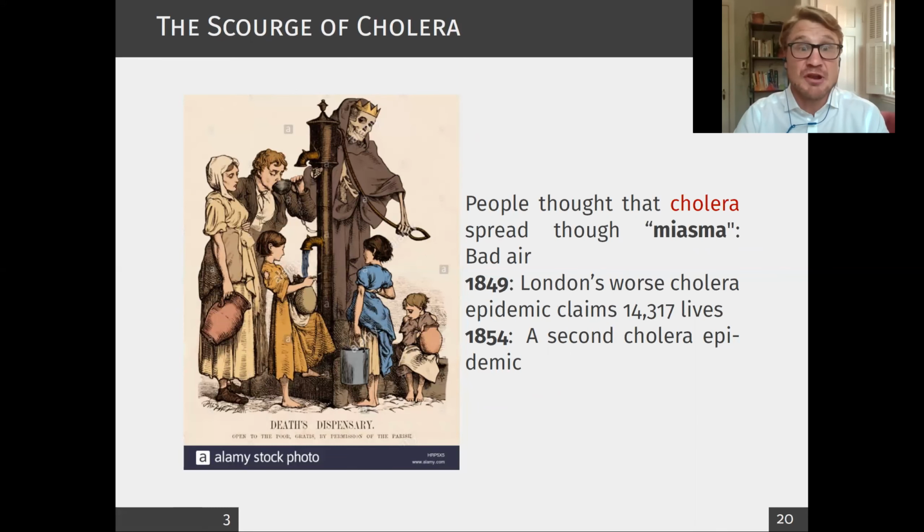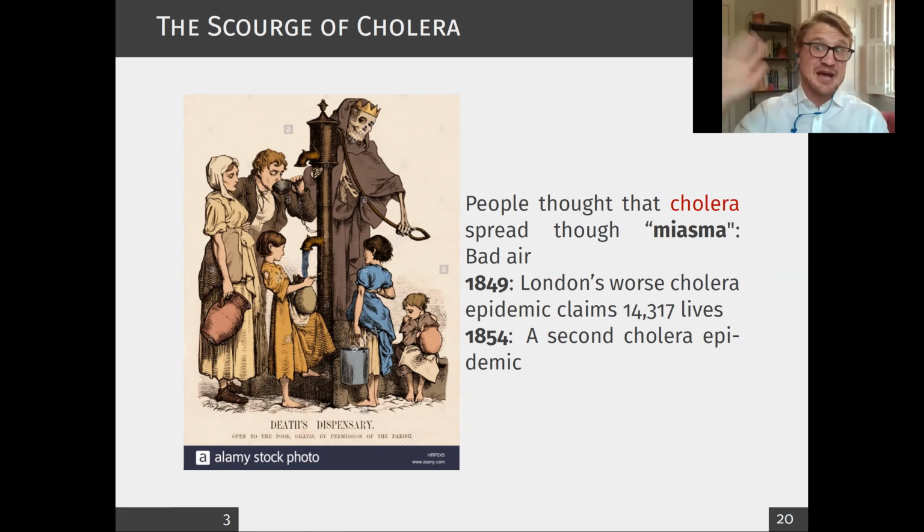People believed that cholera was spread through miasma, bad air. They were partly right in believing that this has something to do with the horrible smell, but it's not the smell itself. Actually, it's what's inside of the water. But in any case, that was a prevailing belief.